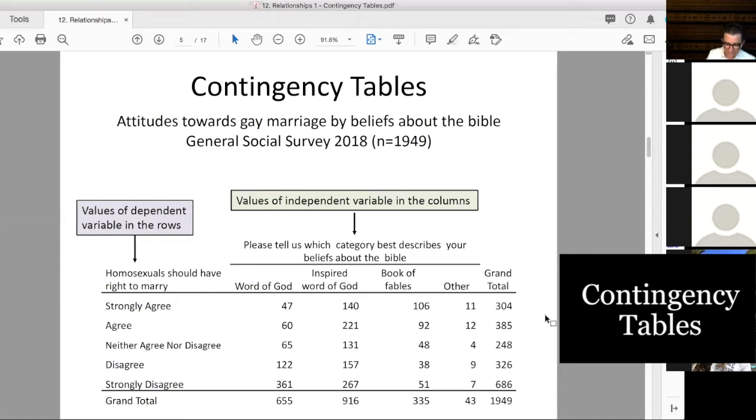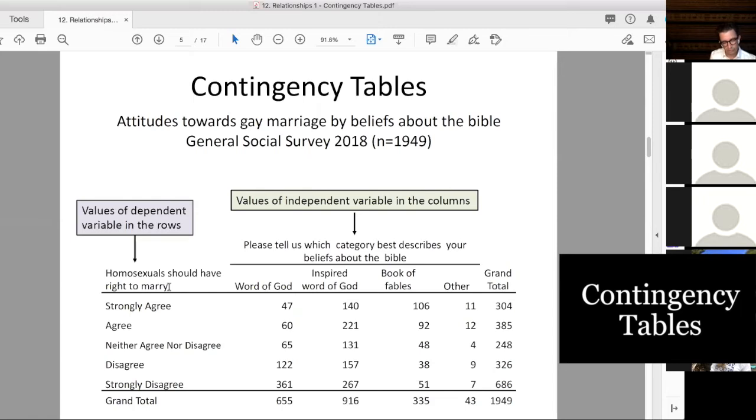So if we want to assess that relationship, we are going to create a contingency table. And again, this is coming from the data set that you're familiar with, which is the General Social Survey 2018. And you see here, let's start with this first column on the left. These are values of the dependent variable, right? These are attitudes towards gay marriage.